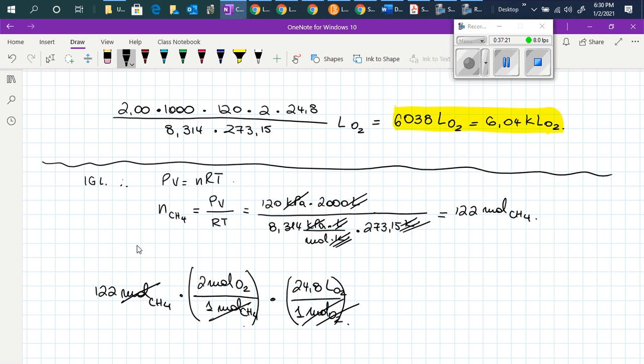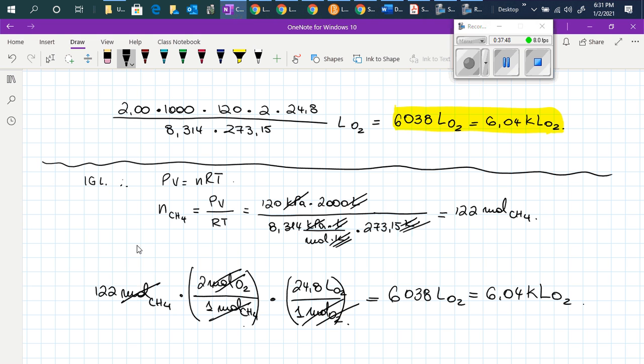So moles of oxygen is canceled out, and then you will end up with 6,038 liters of oxygen, or 6.04 kiloliters of oxygen.